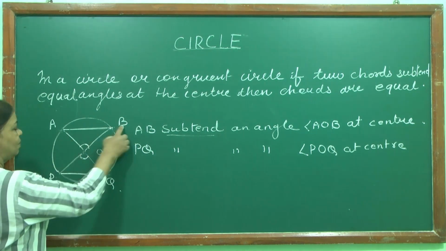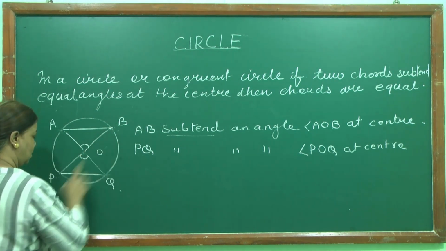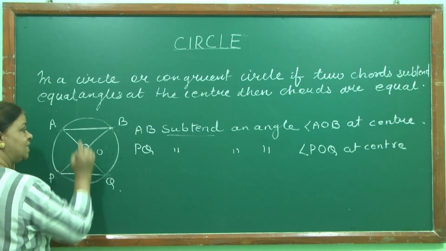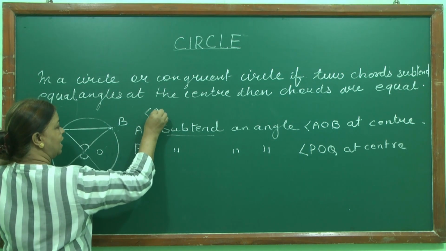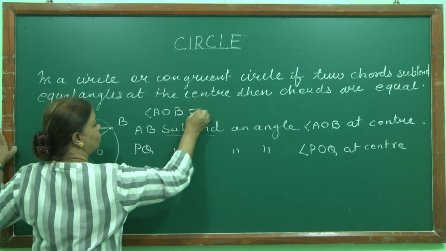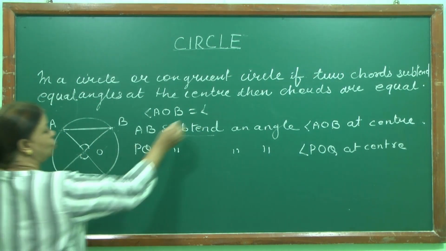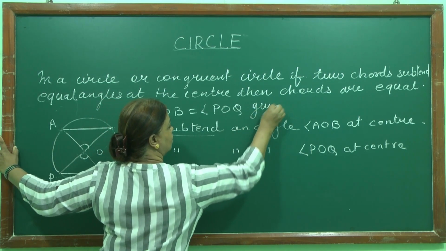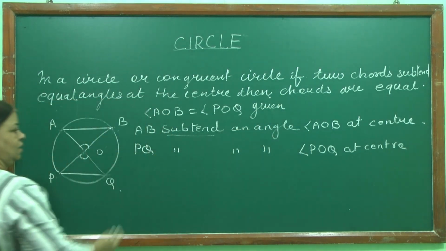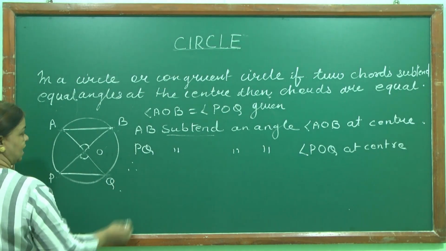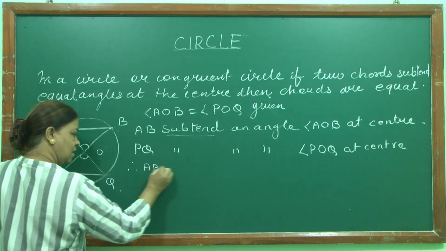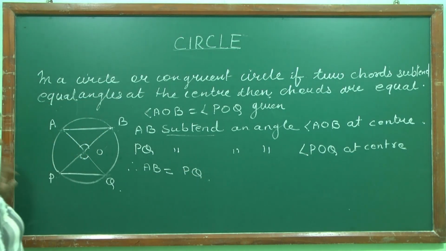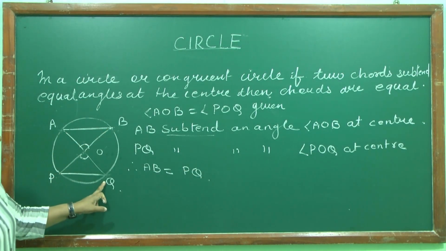Now see, AB is subtending angle AOB, PQ is subtending angle POQ, but these two angles are equal. Given angle AOB is equal to angle POQ, and therefore we can say chord AB is equal to chord PQ.